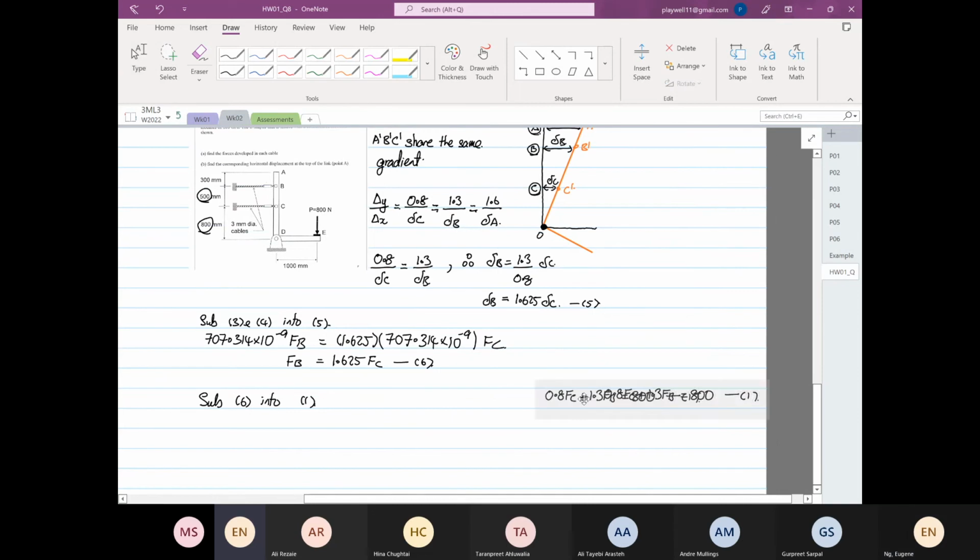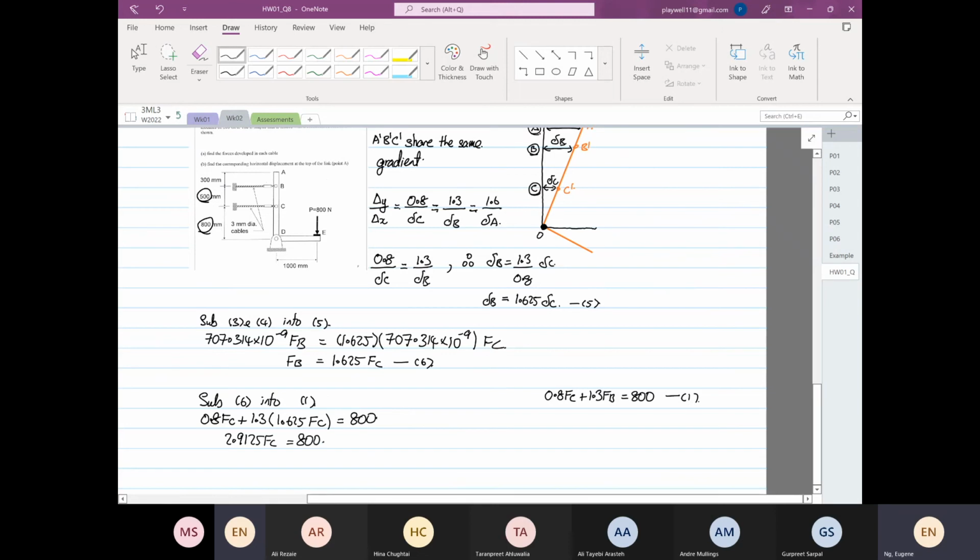So you have 0.8 FC plus 1.3 FB, and FB is equal to 1.625 FC, and the whole thing is equal to 800.